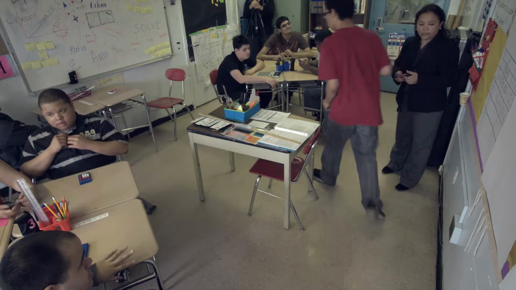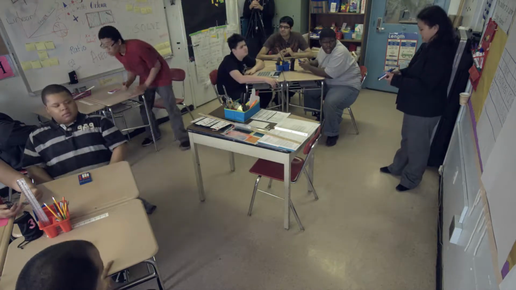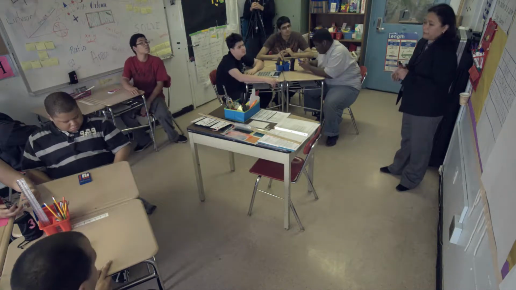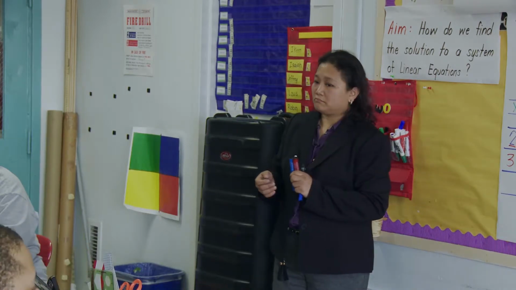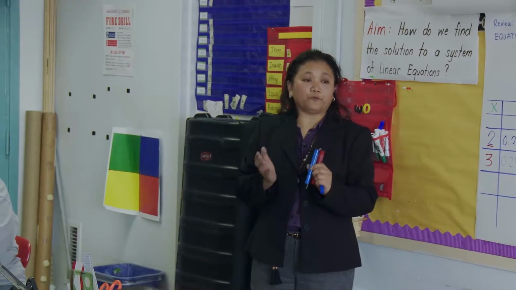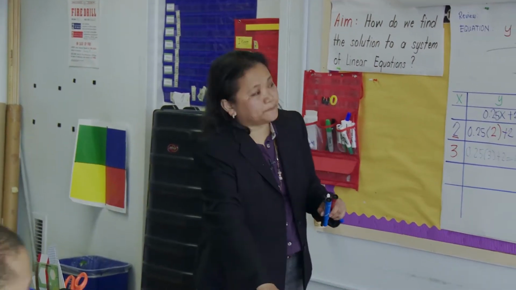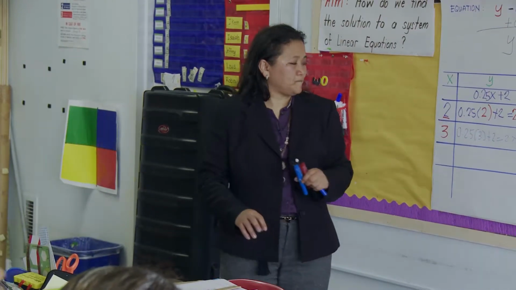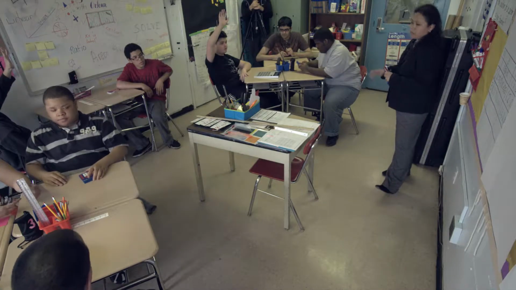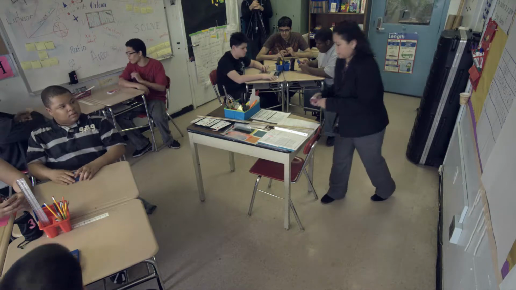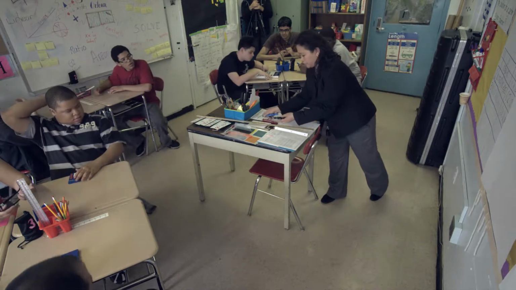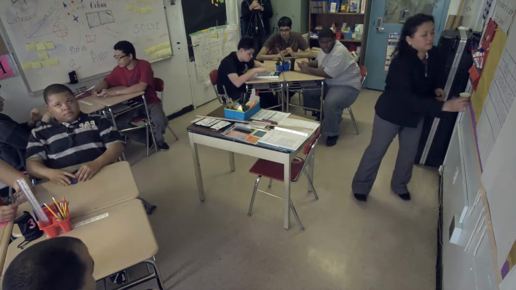Now, what did I say when we're trying to plot a line? We need at least how many points? 3 points. We need 3 points to check and balance, right? So let's have another number. 4.